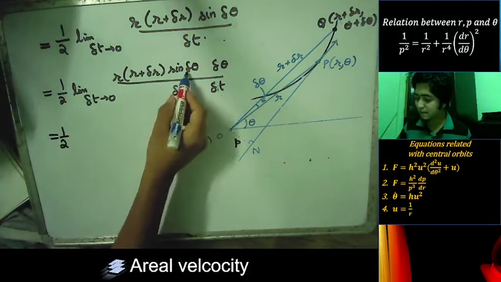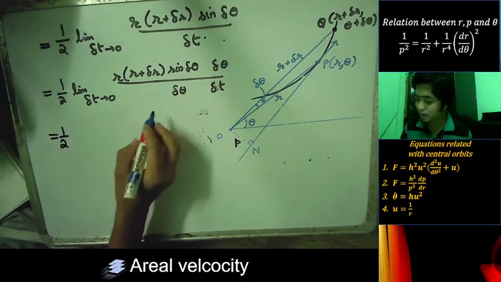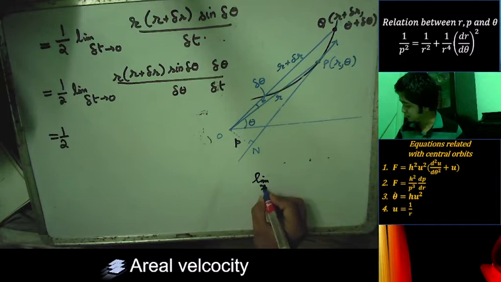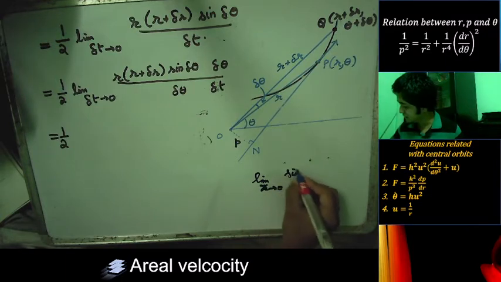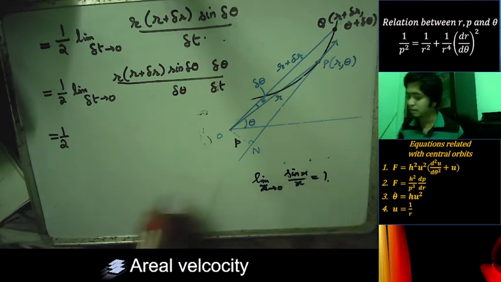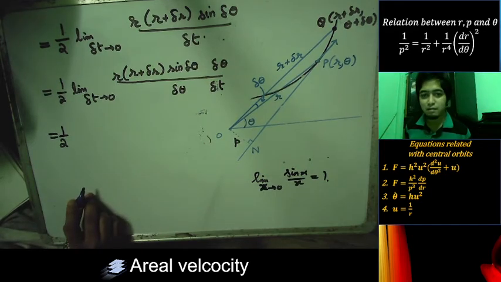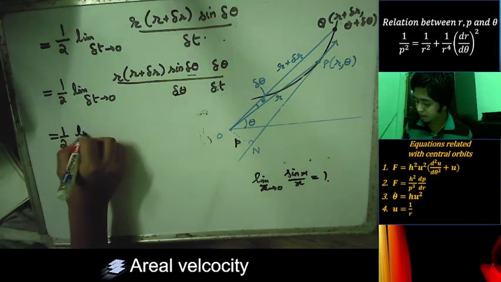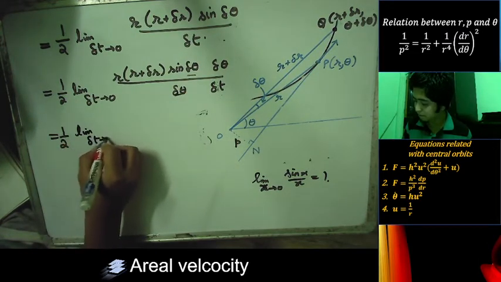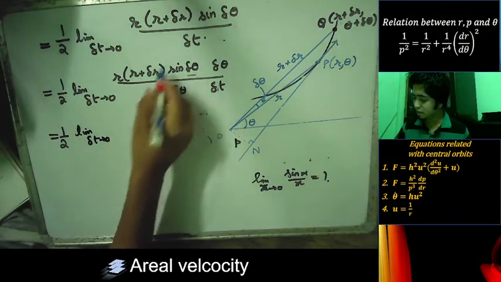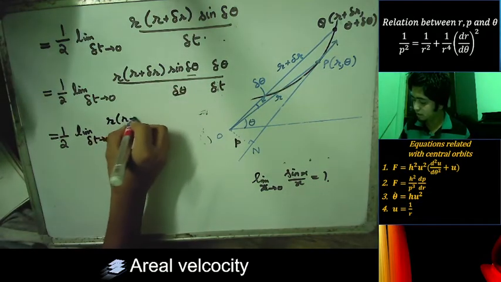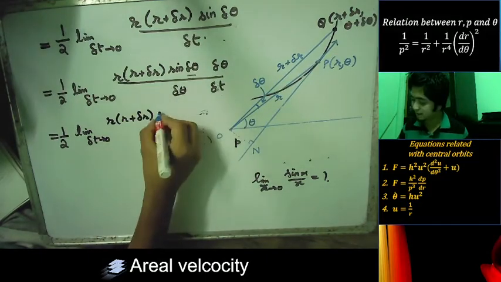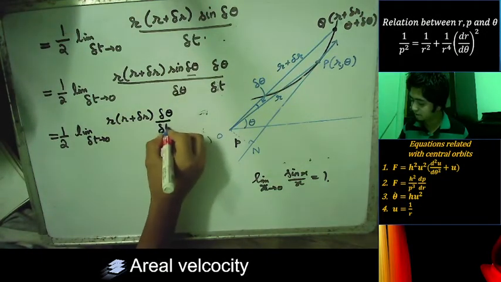So sine del theta by del theta will be equal to 1. If you remember, limit x tends to 0, sine x by x is equal to 1. But over here we are having del theta. So this one will be equal to 1, and over here I will have del theta by del t, which I will keep.